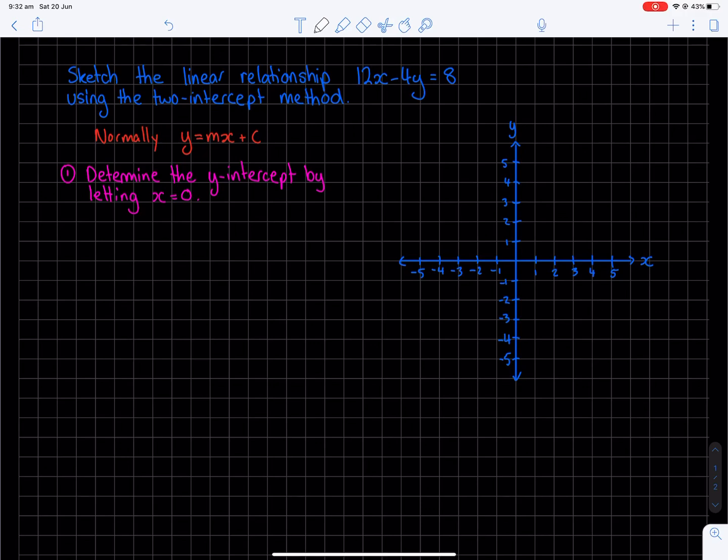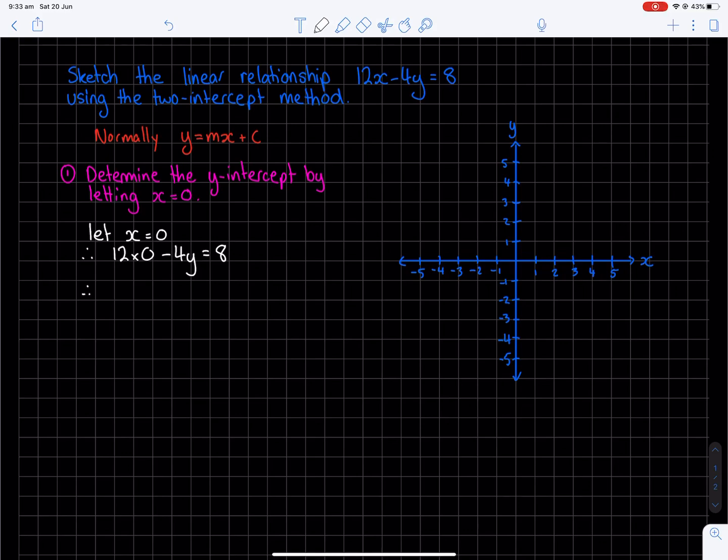So we start with saying let x equal 0, and we have therefore 12 times 0, that's my x, minus 4y is equal to 8. So I've substituted 0 in for this x. And now I solve for y. So 12 times 0 is 0.